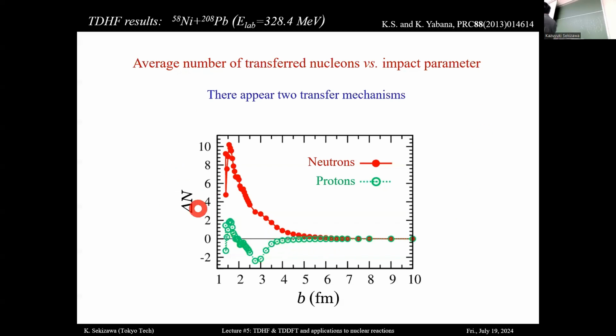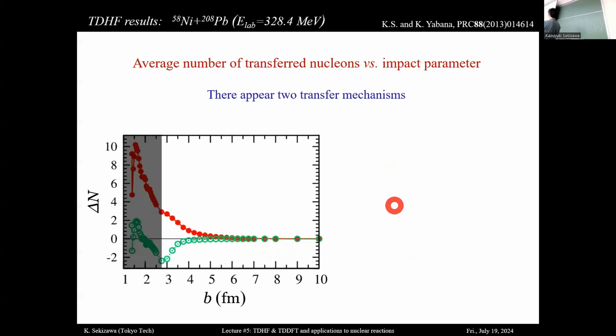Delta n positive indicates transfer from lead 208 to nickel 58, and the minus sign indicates the opposite, from nickel to lead. Red symbols indicate the number of transferred neutrons, and green symbols the number of transferred protons.